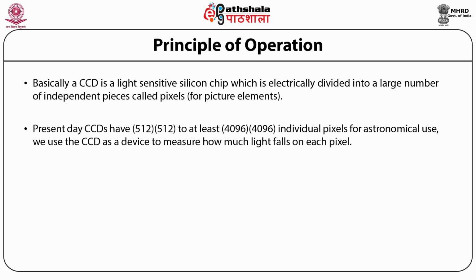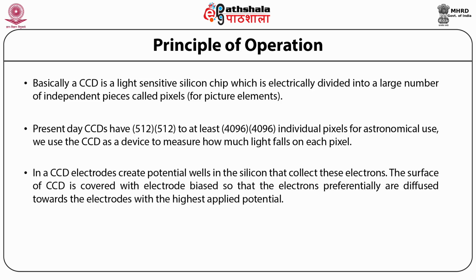When a photon is absorbed in silicon, an electron hole pair is created. In a CCD, electrodes create potential wells in the silicon that collect these electrons. The surface of the CCD is covered with electrodes biased so that the electrons preferentially diffuse towards the electrodes with the highest applied potential.